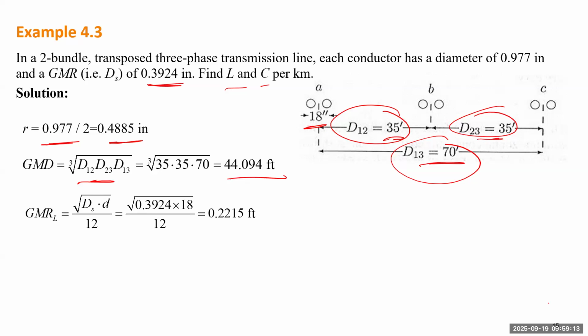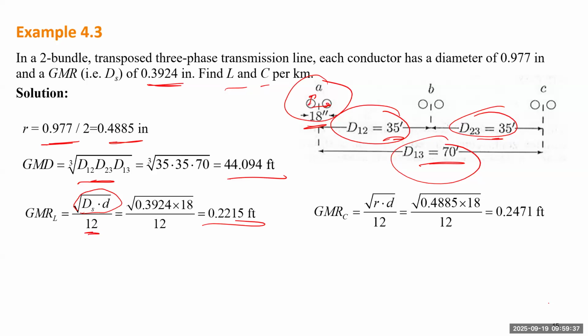And GMRL, you consider each group, it will be the radius on its own and the distance between the 2 conductors of each bundle. So that will be this one. This 12 just translates the unit from inch to feet. So finally you have the GMR will be around 0.2 feet.